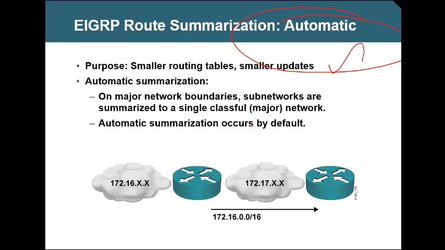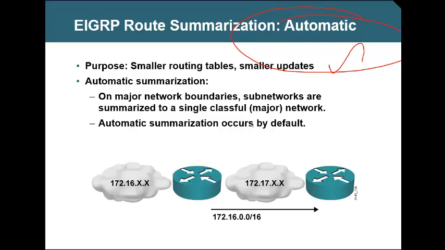Now there are two different types of summarization EIGRP supports. Let us not get into the newer version of EIGRP. Let us focus on what is said in this presentation. In the older version, and still many people run the older version of EIGRP, summarization is automatic.